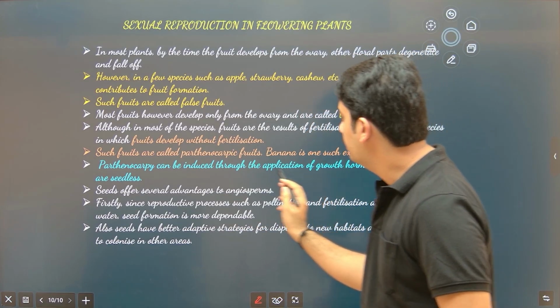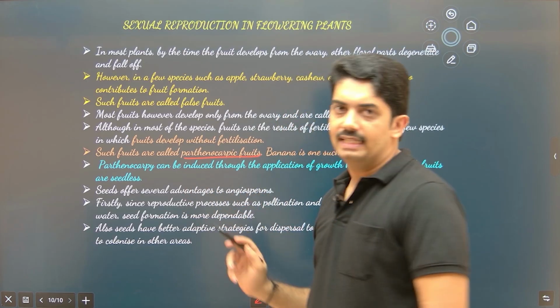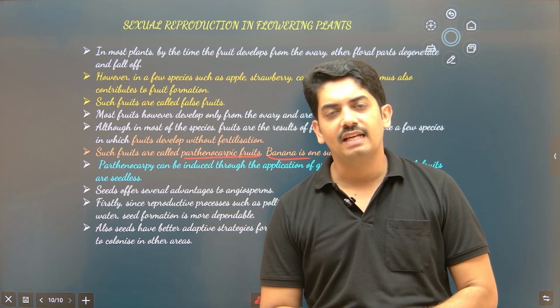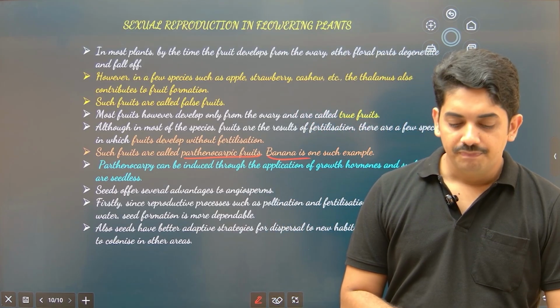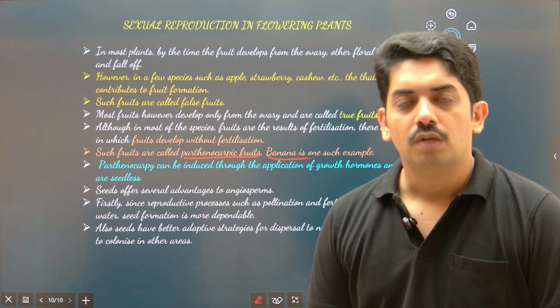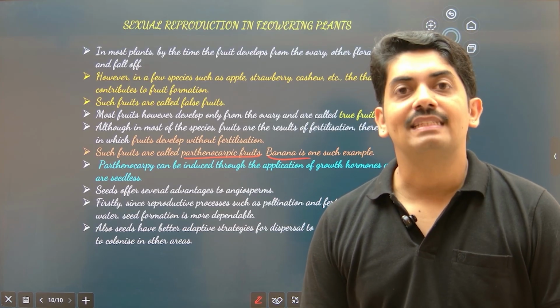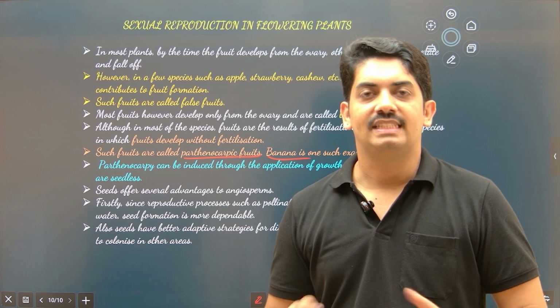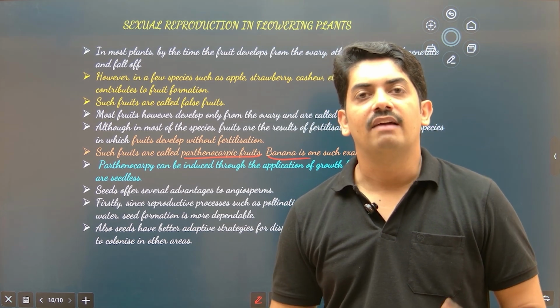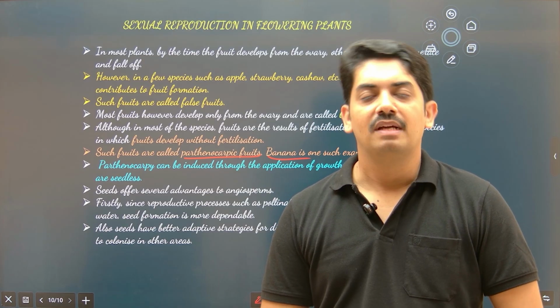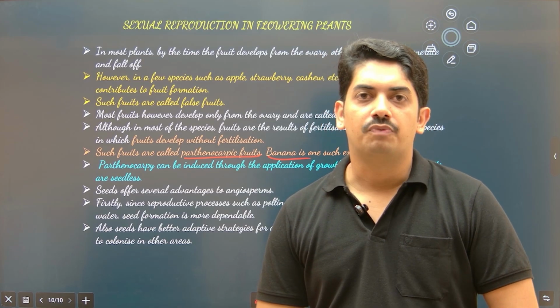In nature, you observe one of the best examples, that is banana. Have you seen a banana plant? Now tell me, if the ovary is directly developing into fruit without fertilization, what is the essentiality of producing flowers in a banana plant? Stigma, style, petals, everything is just a waste. It just requires the gynoecium, and that gynoecium develops into fruit.